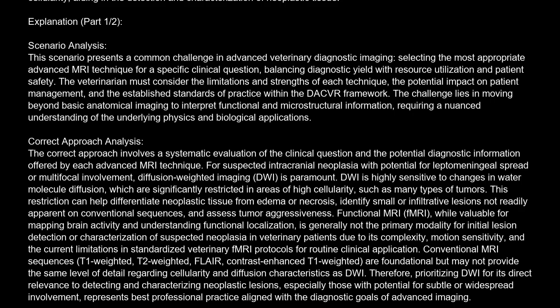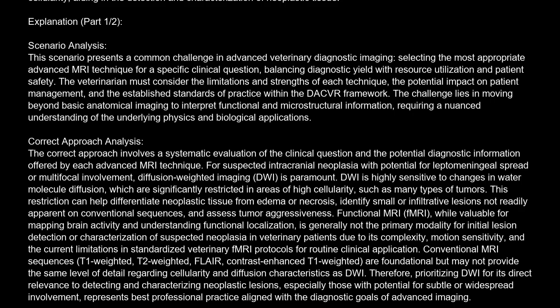Functional MRI, fMRI, while valuable for mapping brain activity and understanding functional localization, is generally not the primary modality for initial lesion detection or characterization of suspected neoplasia in veterinary patients due to its complexity, motion sensitivity, and the current limitations in standardized veterinary fMRI protocols for routine clinical application.